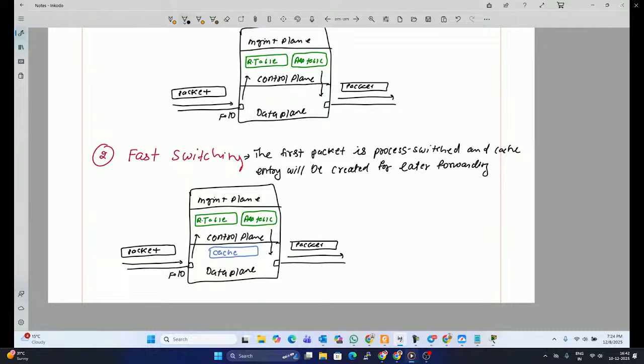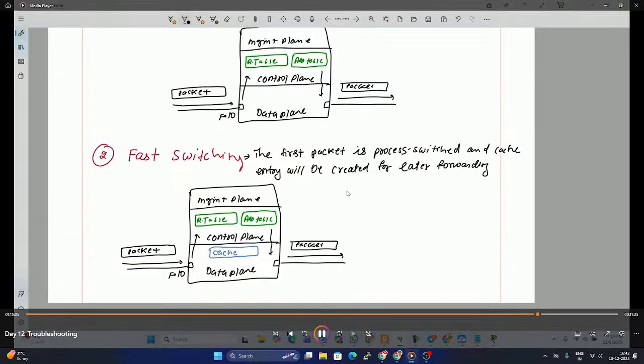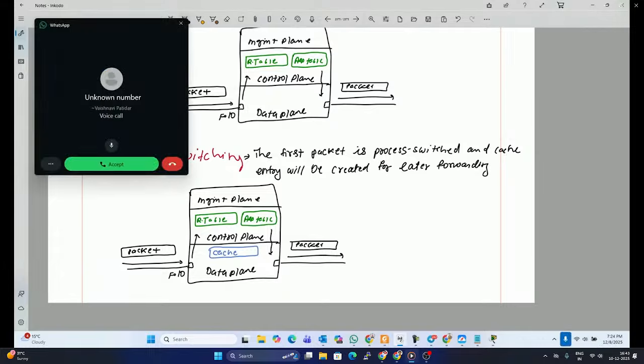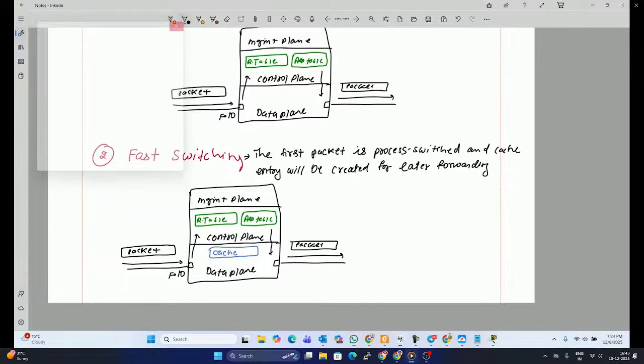So always the first packet is going through the control plane. Second, the cache is not dynamic in nature. It's always going to be updated manually, not dynamically. That's fast switching. It just makes sure that all the packets are not going through the CPU, but again, it's not making much change in the CPU utilization.